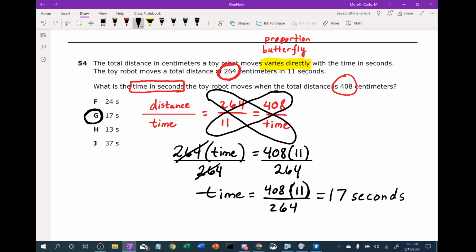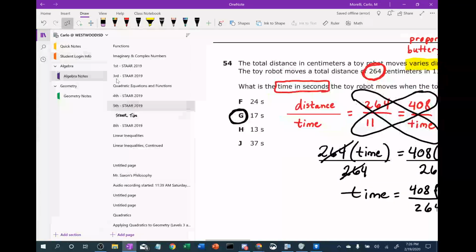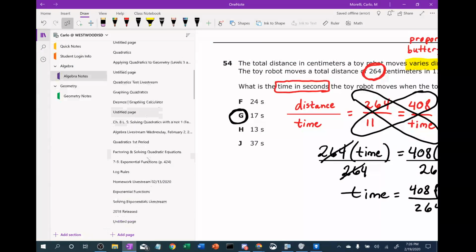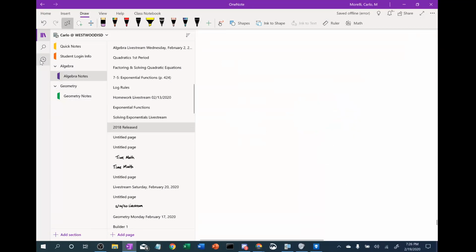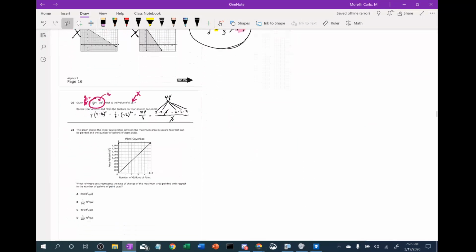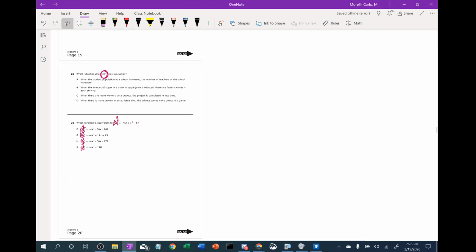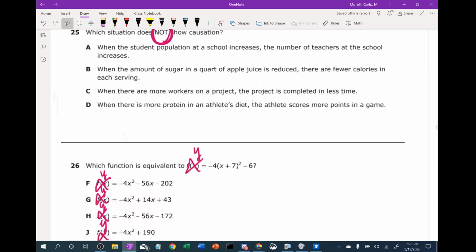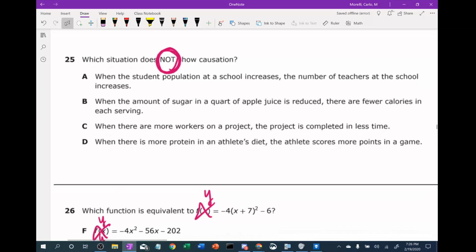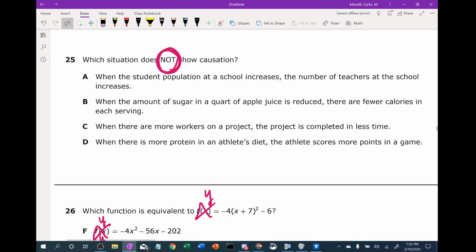Number 25 from the 2018 test. Okay. Let's go see what number 25 is. Oh, okay. That's a good question. So here we're asked to find out which one does not show causation.